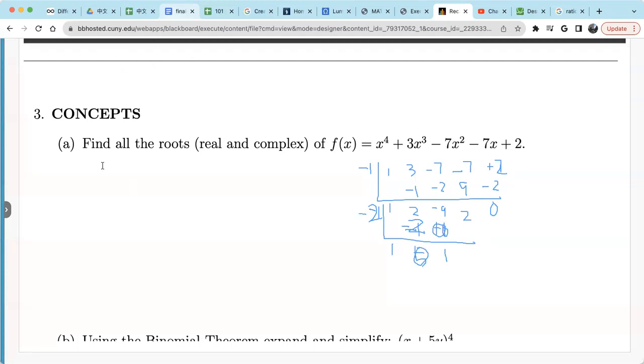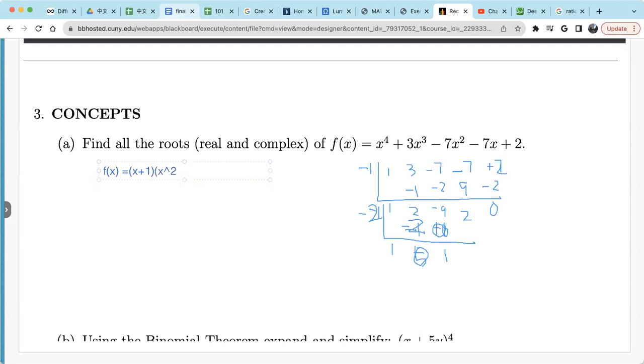Let's rewrite f of x. Since we know x plus 1 is a factor, we can write x plus 1 times x cubed plus 2x squared minus 9x plus 2.